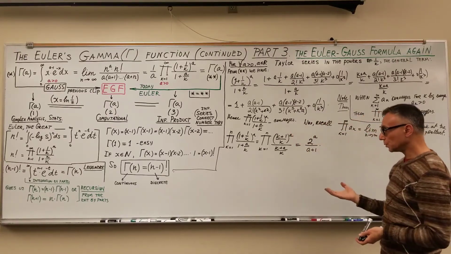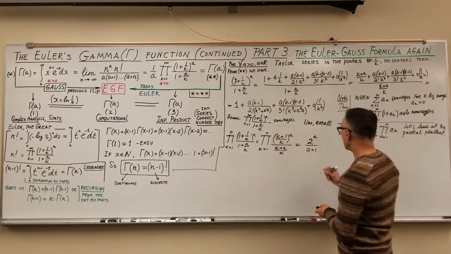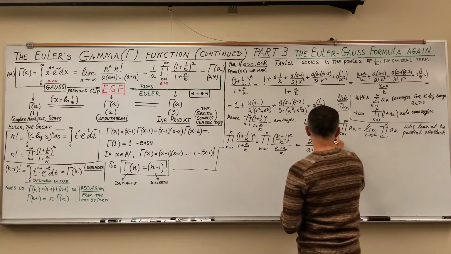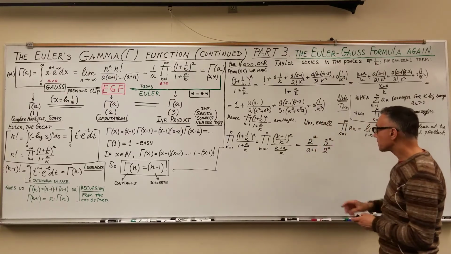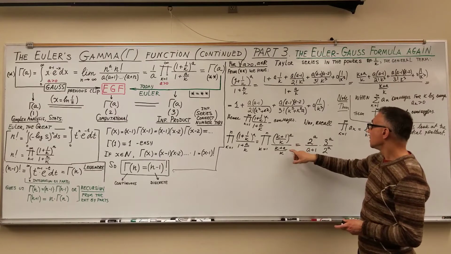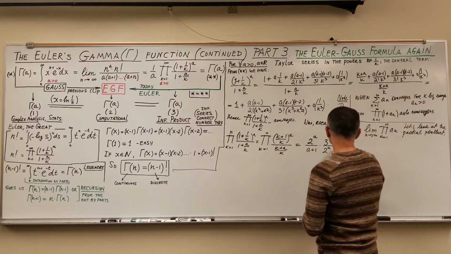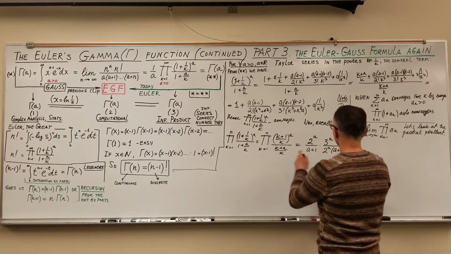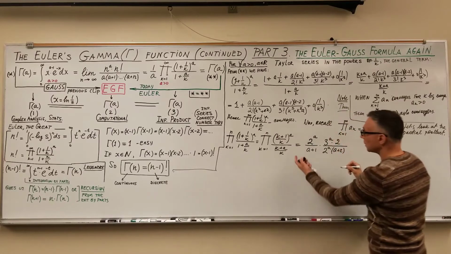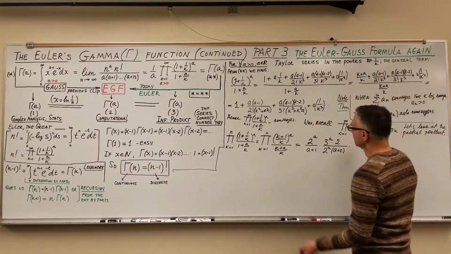Now k is 2. So I have 2 plus 1, 3 over 2 power of a. So it's 3 power of a over 2 power of a, now divided by a plus 2 over 2. Now 2 goes up top. K is 2. Multiply it. But let me do one more time.